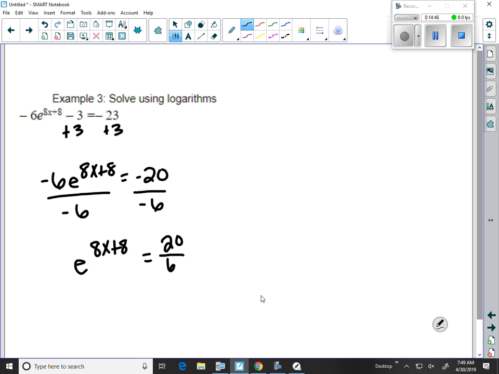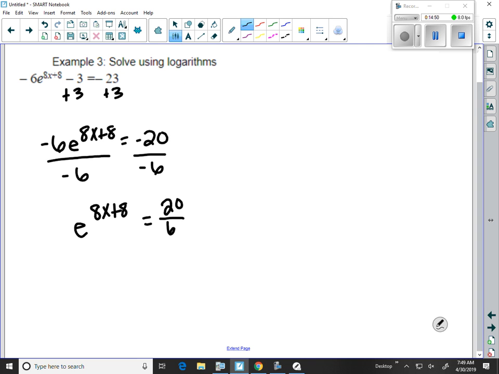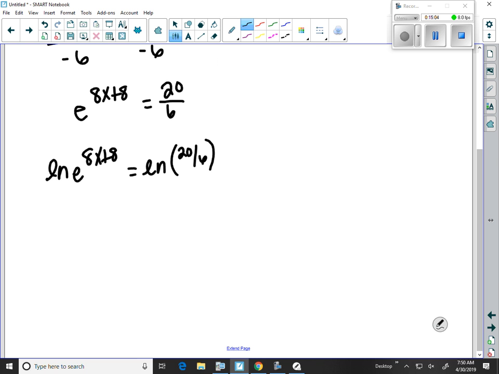Okay, now that we have base E all alone, we can natural log both sides. What's going to happen on that left-hand side?